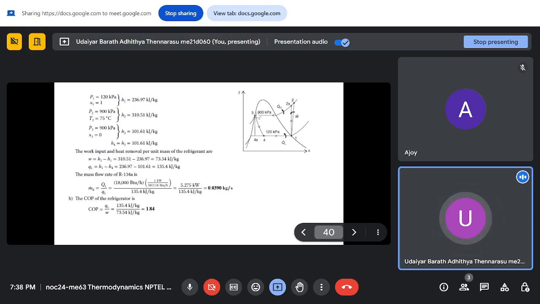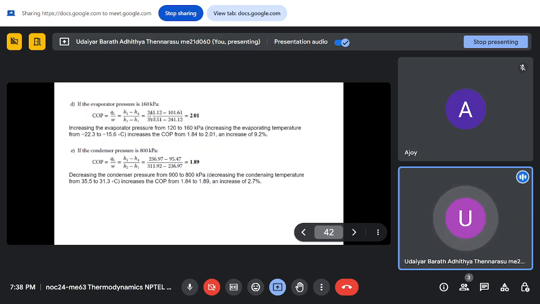H4 will remain the same because your H3 is at 900 kilopascal, so H3 is equal to H4, but this state moves up, and your H1 is the saturated vapor at state 1 for 160 kilopascal. That will be 241.212 kilojoule per kg. Substituting, we can directly find the COP is 2.01. So increasing the evaporator pressure from 120 to 160 kilopascal increases your COP from 1.84 to 2.01.